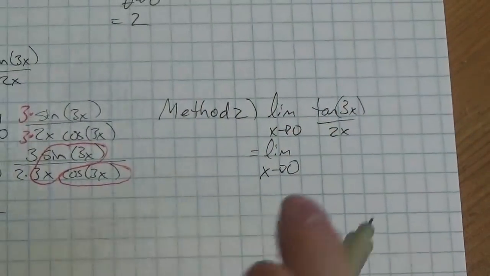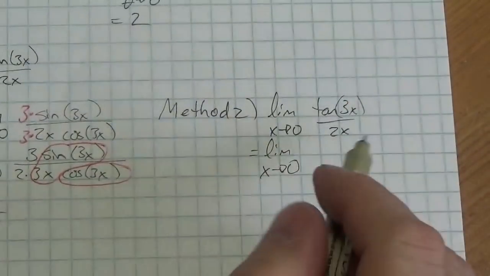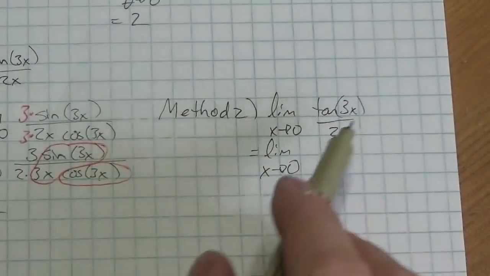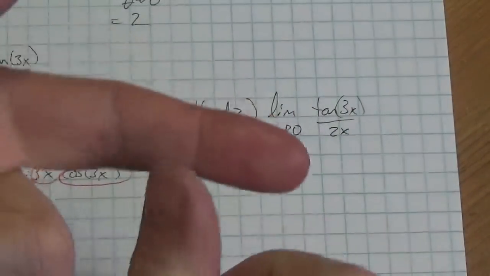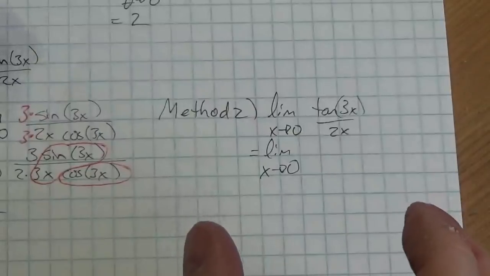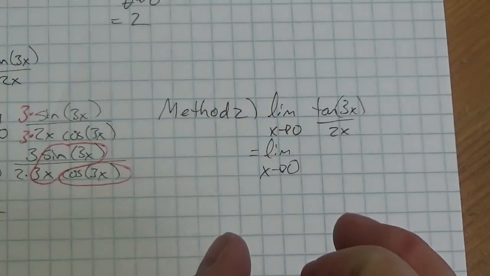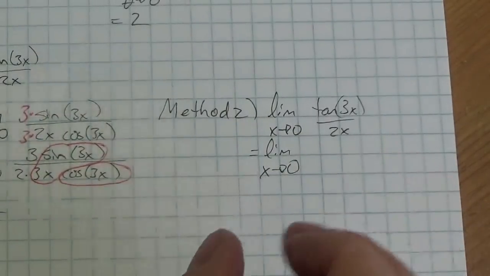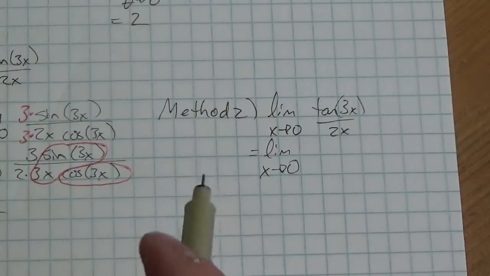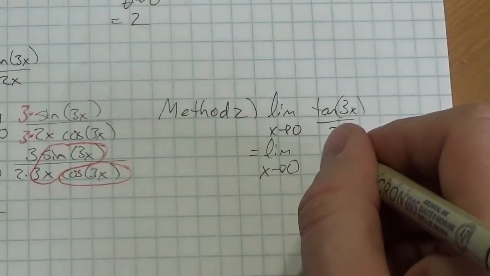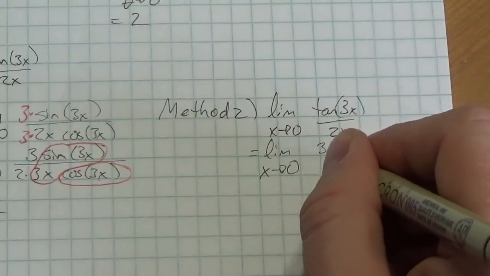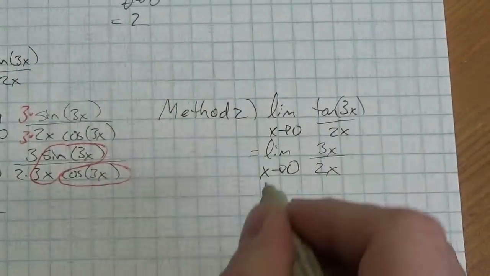Now, here's what we do here. Just like we said a few minutes ago, when the arguments of sine and tangent get really, really small, the behavior of the function is very, very similar to the behavior of the argument. So I can replace tan of 3x with 3x.